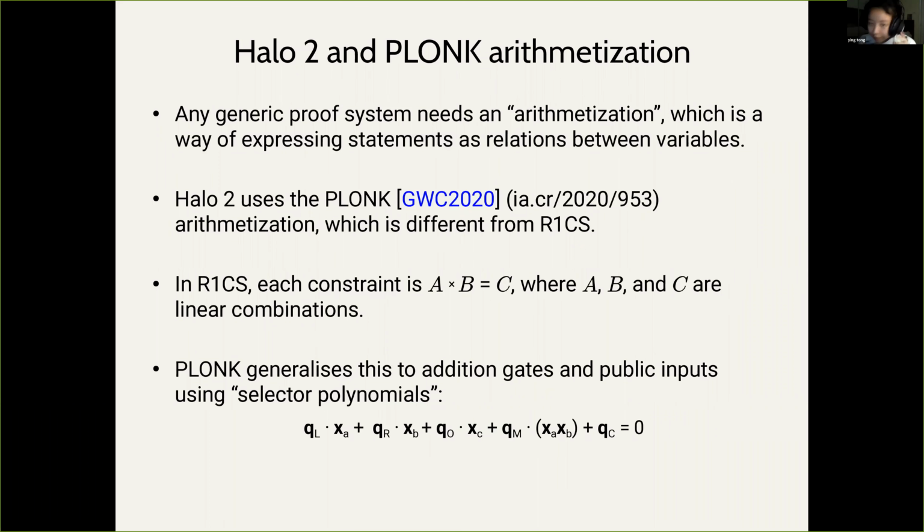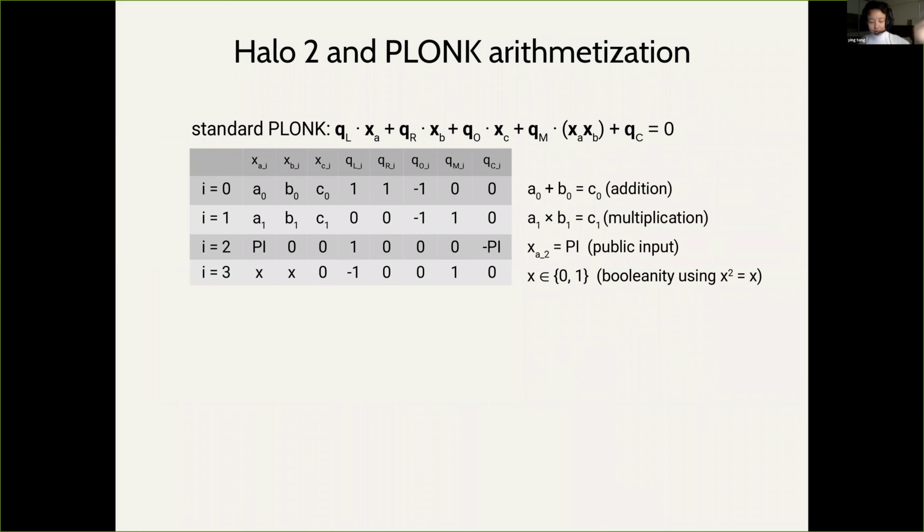Some of us may be familiar with R1CS, the rank 1 constraint system, where each constraint is of the form A times B equals C. In Plonk, we have a more general polynomial rule that you see at the bottom of the screen. The best way to explain this rule is to just use it, so we're going to an example on the next slide.